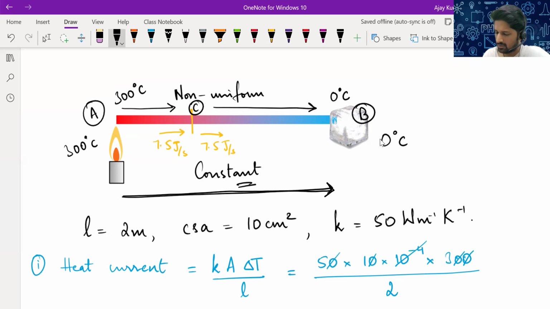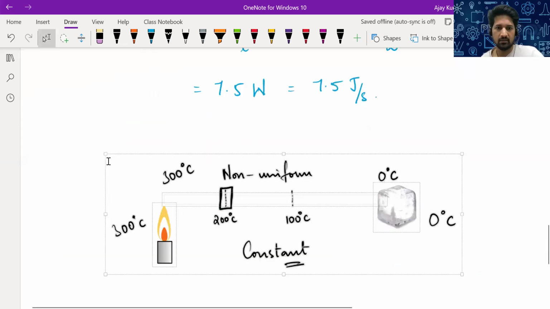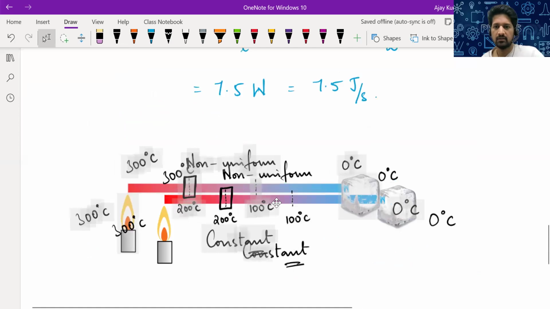So once you know the overall heat current through a rod or an object, you can tell the heat current between any 2 points also. And if you know that, you can tell the temperature difference between those 2 points. That means you can estimate the temperature of C, any section in between. Let us do that now.